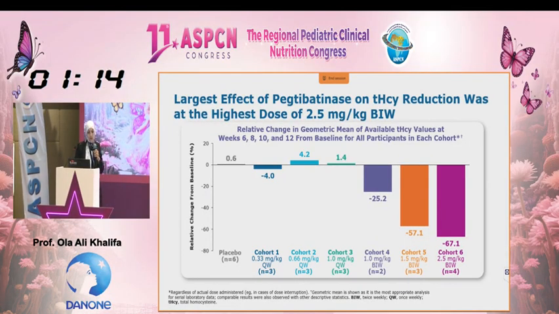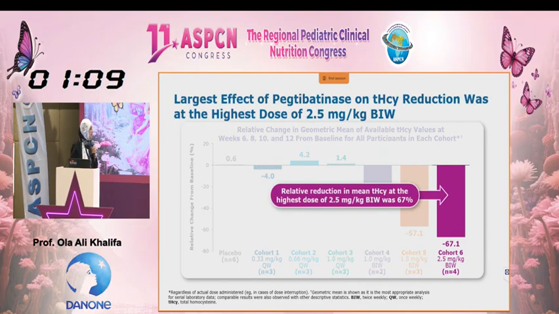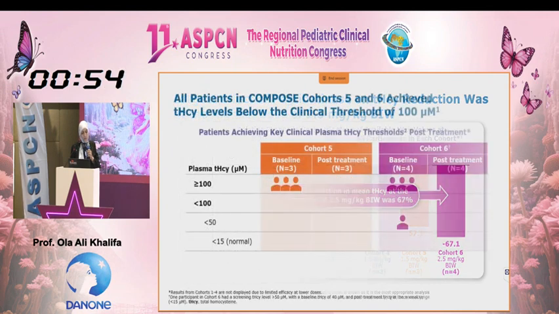Here I wanted to go quickly to show that there is a minor adverse effect related to injection sites, which can be managed. They show the relative reduction in mean total homocysteine at the highest dose of 2.5 milligrams per kg BID was 67%, and this gives potential for a new and emerging therapy for those patients.